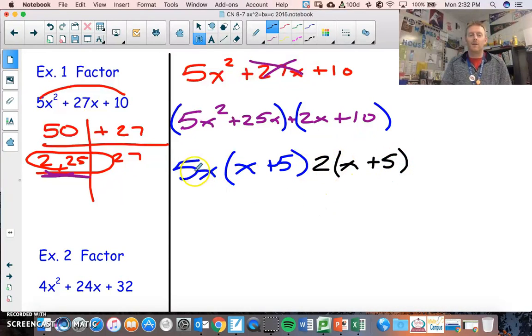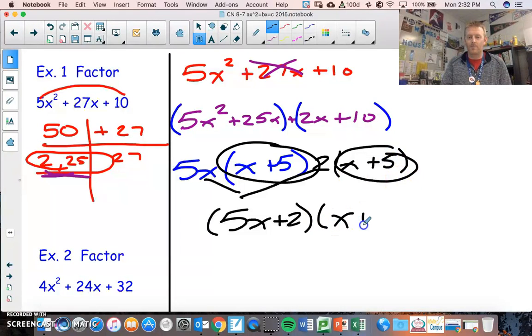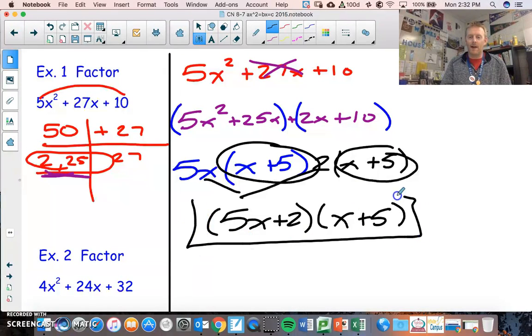Now because 5x and 2 are both being multiplied by an x plus 5, those two combine together to make my 5x plus 2. And then these numbers were the same, so they bring down to make just one of them, x plus 5. Now this is my factoring of that first problem.